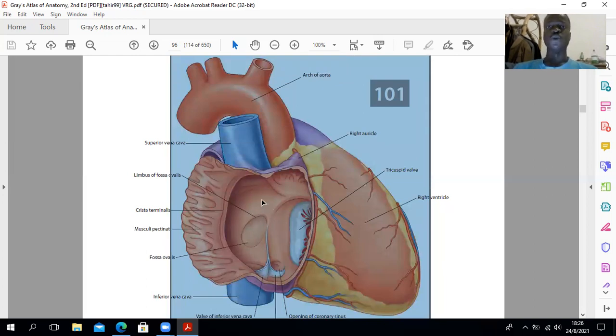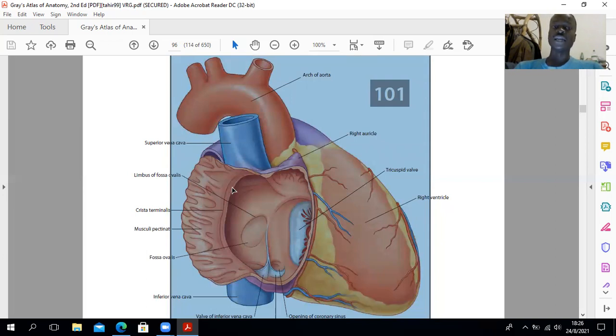So you have what is known as the crista terminalis, right, and the sulcus terminalis. So this is the crista terminalis. Right. And the main part of the atrium, which actually lies posterior to this crista terminalis, is actually the smooth part of the right atrium, which we're saying embryologically it's actually derived from the right horn of the sinus venosus.